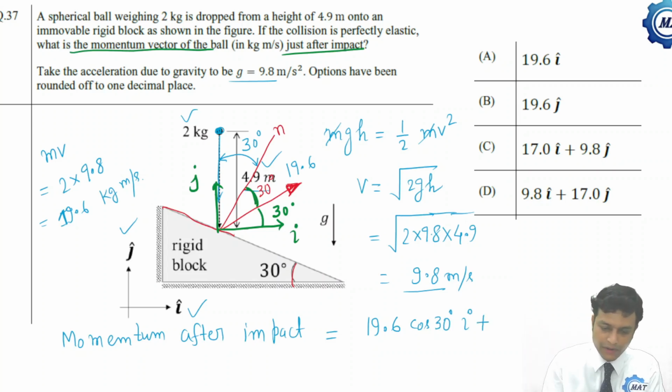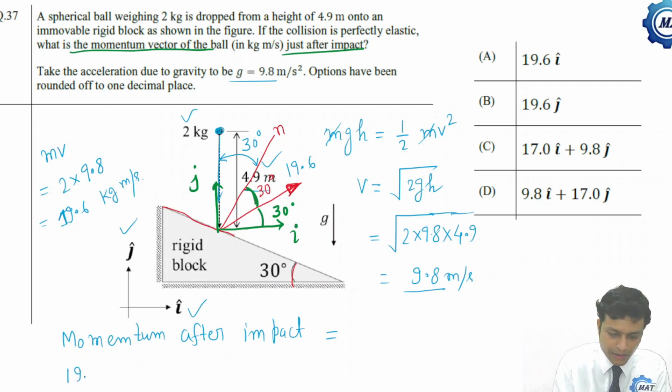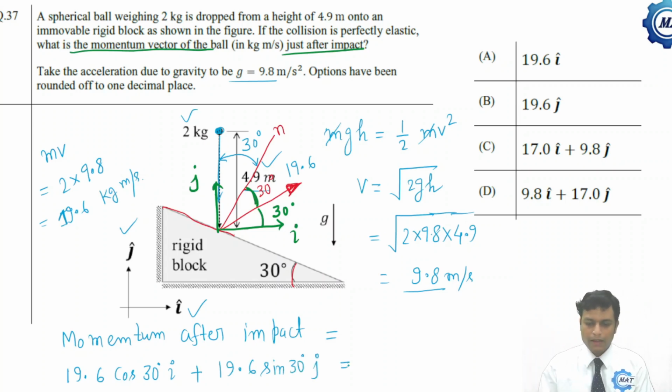So let me write down in the next page because the space is limited here. 19.6 cosine 30 degree i plus 19.6 sine 30 degree j. And if we calculate cos 30 into 19.6, that becomes 17 i plus 9.8 j.